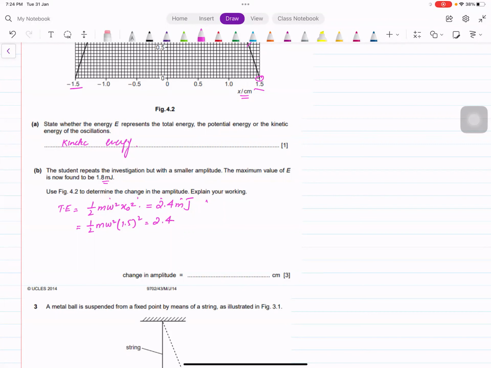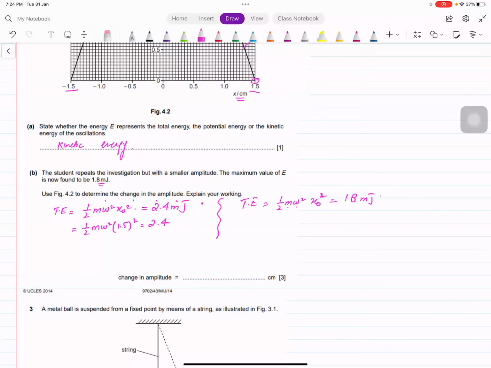Okay. Now, for the new one, the total energy is half m omega squared. m stays the same, omega stays the same. I want to find this x naught when energy is 1.2 millijoules. What do you guys say? You get it? All right. Now think about it. What you're going to do is just divide both equations.